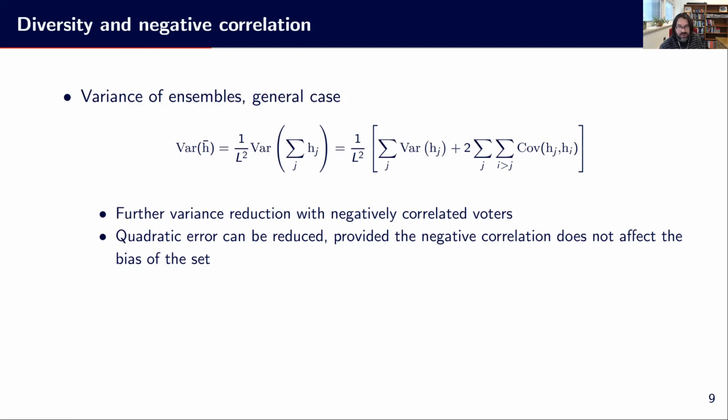That's really important, because as we get some kind of negative correlation here, it may affect the bias. And this is bad, because at some point the effect on the bias will be much stronger than the effect on the variance.